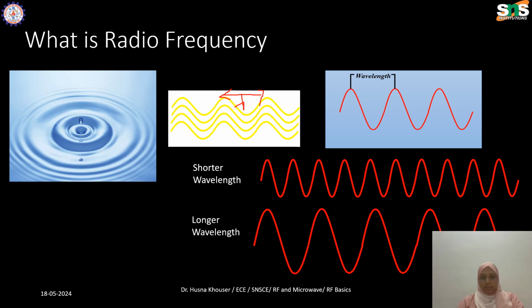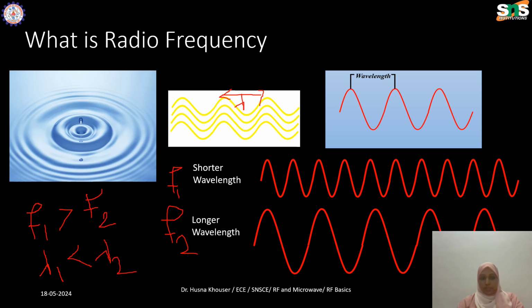Let us consider this wave as F1 and this wave as F2. F1 frequency is high, and when the frequency is high we produce a shorter length, that is F1 is greater than F2, whereas lambda 1 is less than lambda 2.